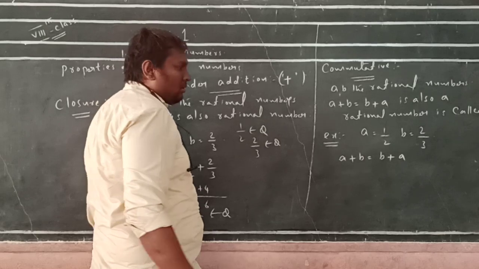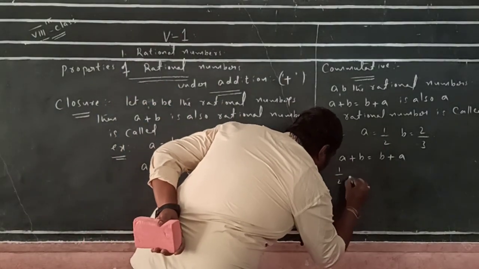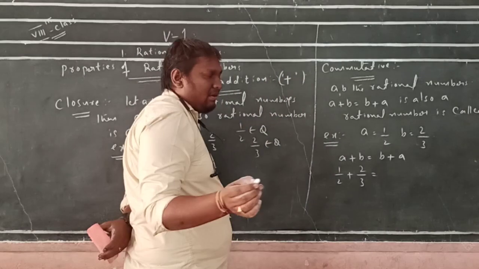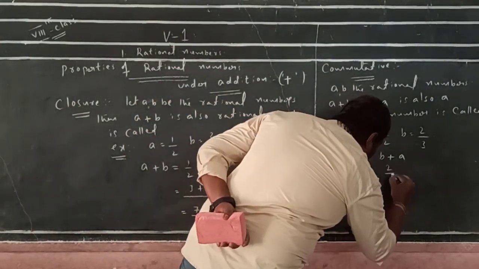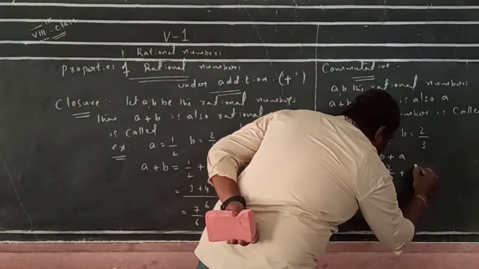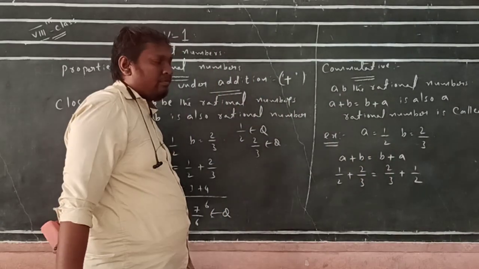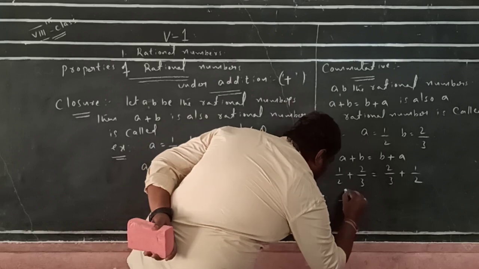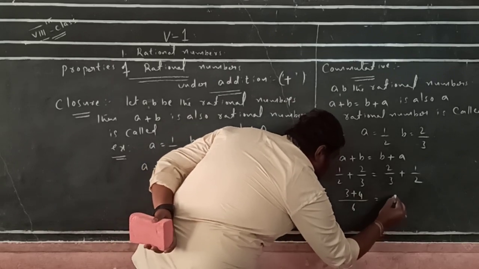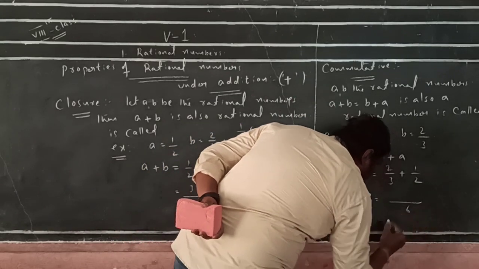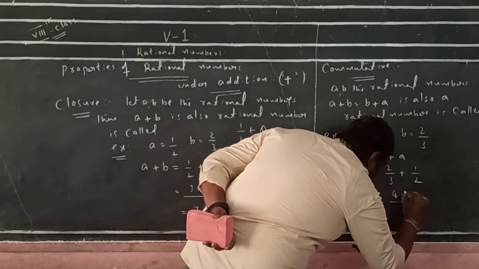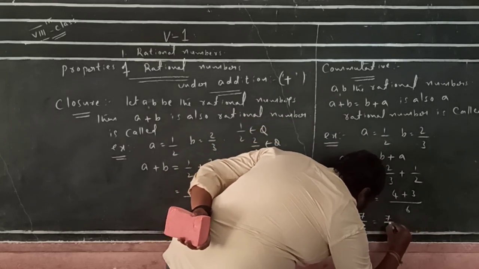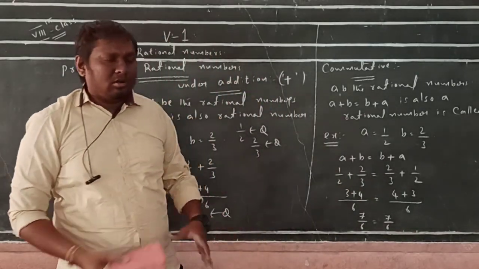Here, 1/2 plus 2/3, and again b value 2/3 plus a value 1/2. The LCM is 6: 3 plus 4. Here also the LCM is 6: 4 plus 3 is 7/6. Here LHS is equal to RHS.